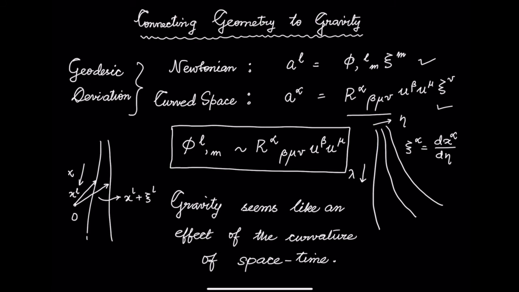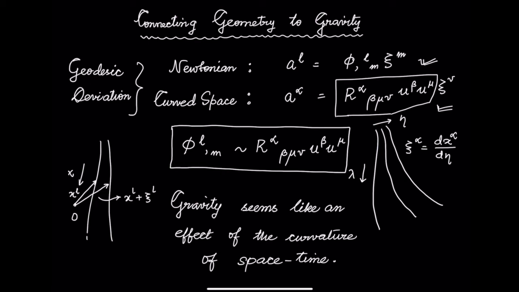We know that in the Newtonian case, the geodesic deviation is given by this, and in curved spacetime, it is given by this. And there is a hint that there is a second rank tensor, because this entire thing is replaced in place of phi Lm. So that's a second rank tensor because mu and beta are contracted.